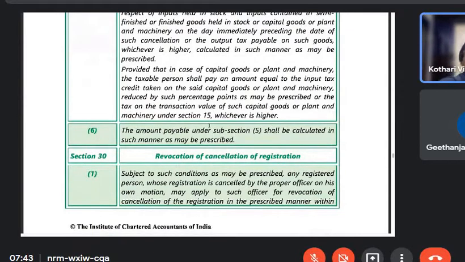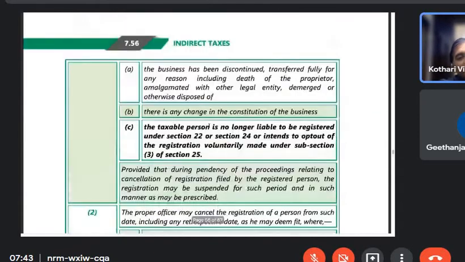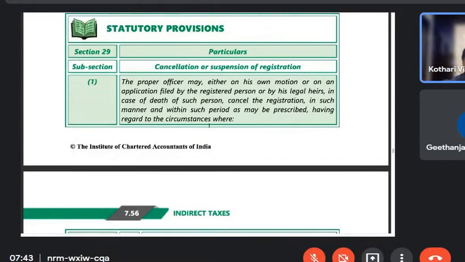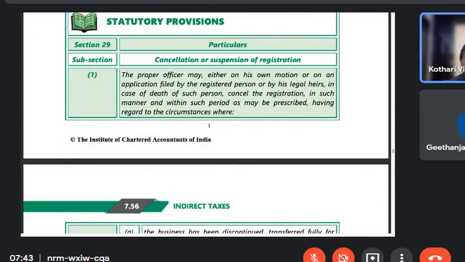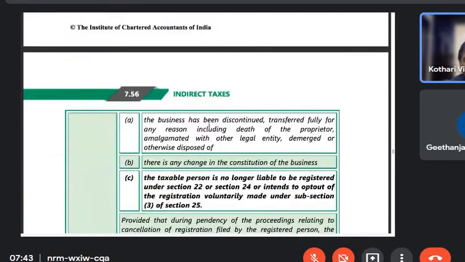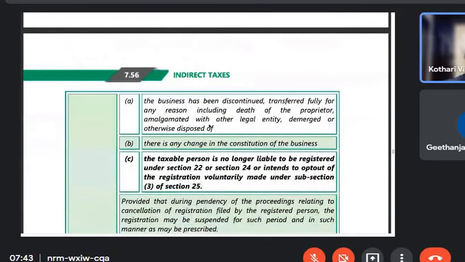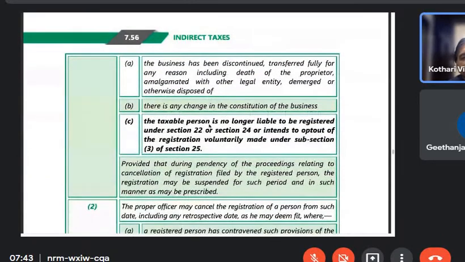So this is with regard to cancellation. So cancellation, who can do? Either the proper officer based on certain conditions specified in this section or by the registered person. So till the time the cancellation is done, your registration will be under suspension. And what are the circumstances where the cancellation has to be done by the registered person?